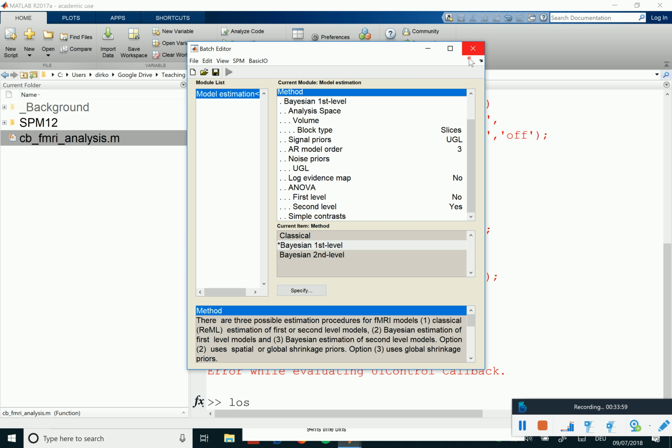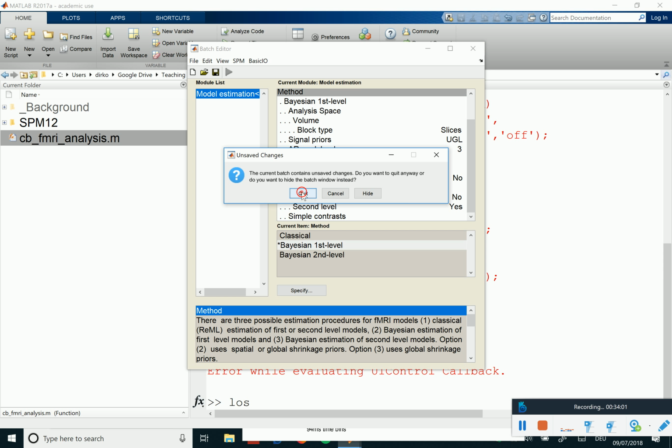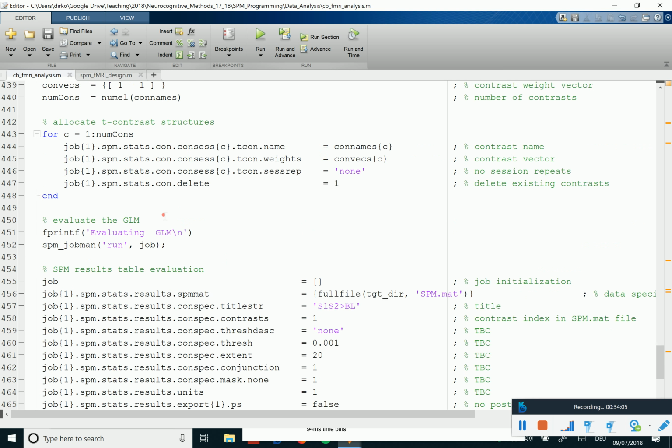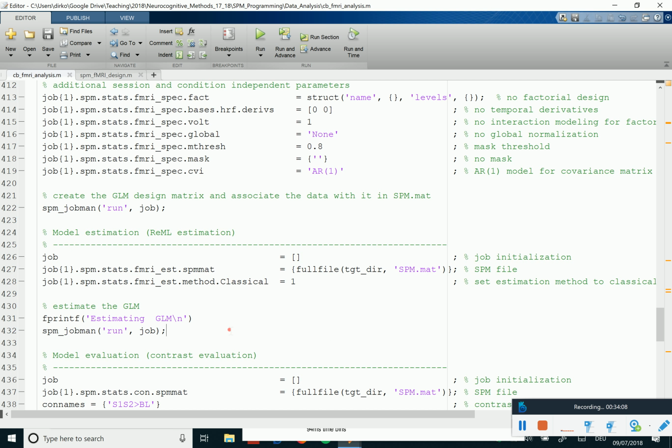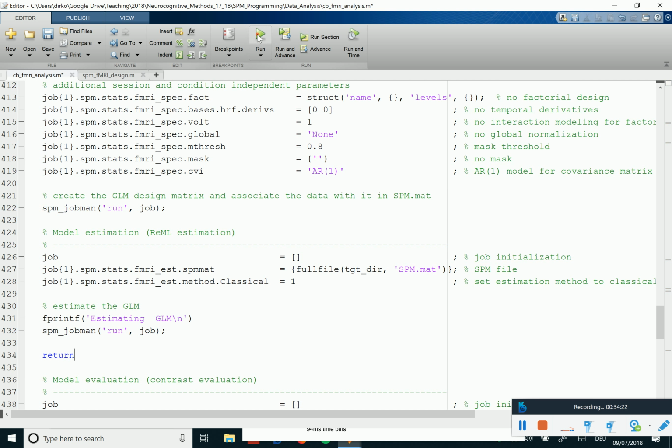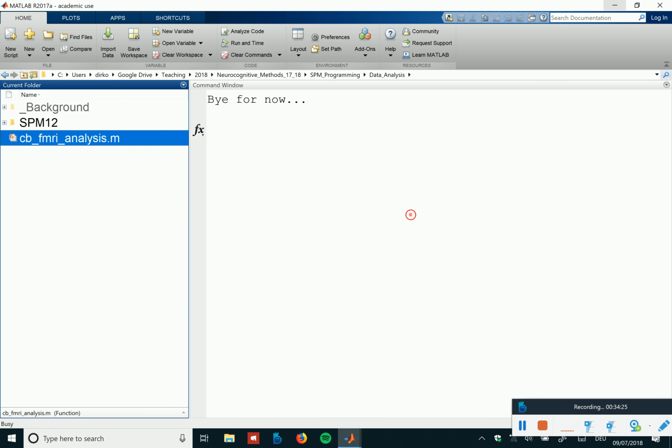In terms of coding, this is really simple because you just need to specify the SPM.mat file, with the information about the data and the design in there, specify that you want to estimate classical, and then it's being estimated. So let's run this and estimate.